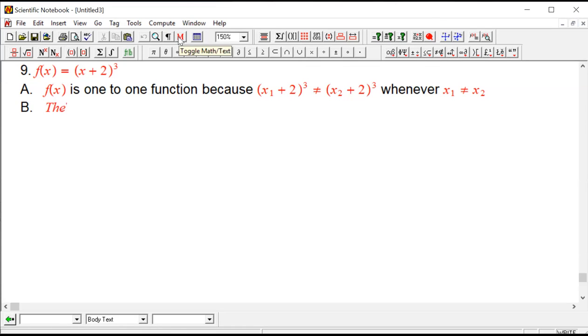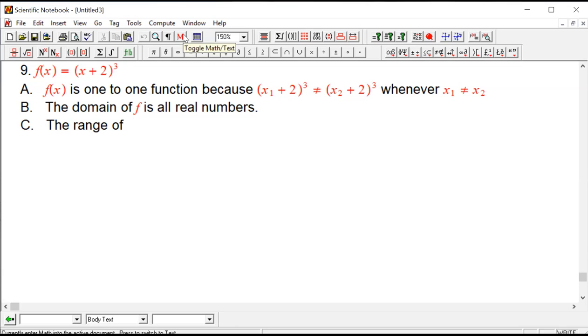The domain of f is all real numbers. C, the range of f is all positive numbers.